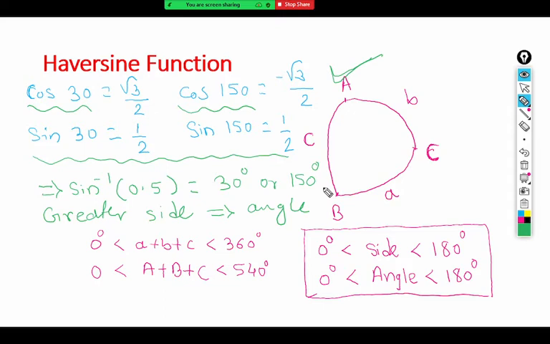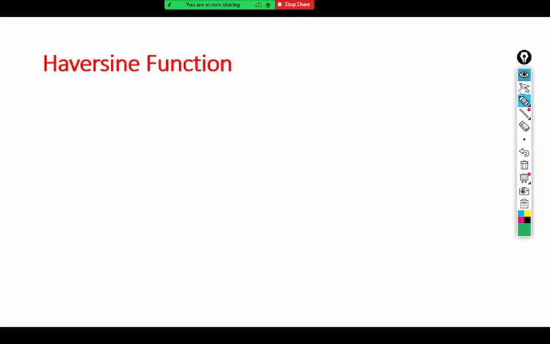So let me first see the definition of the Haversine function. First, there is a function known as the versine of A. Versine of A is 1 minus cos A. So 1 minus cos theta is defined as versine A, and for Haversine we have to half this.